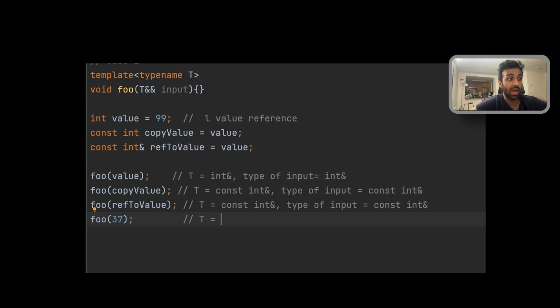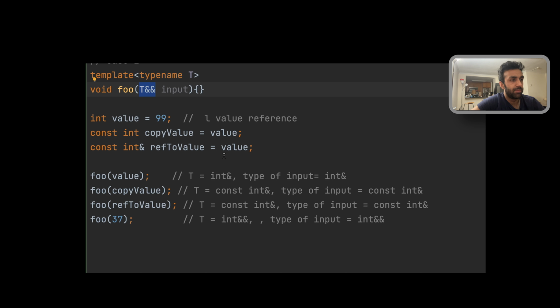So T now will be an R value reference. Actually, I should write it like this: R value reference, and type of input. I'll just copy this. Type of input will also be an R value reference. So T and type of input basically mean this whole thing, T ref. So this is how it becomes a little bit tricky, templates especially. Okay.